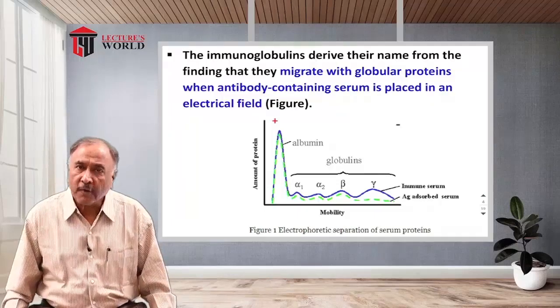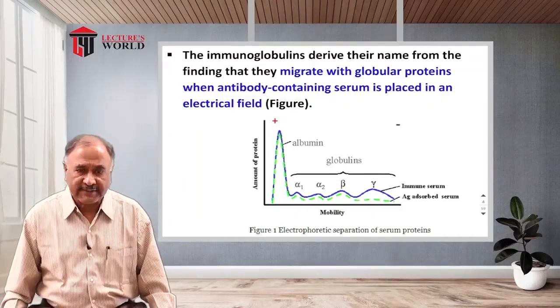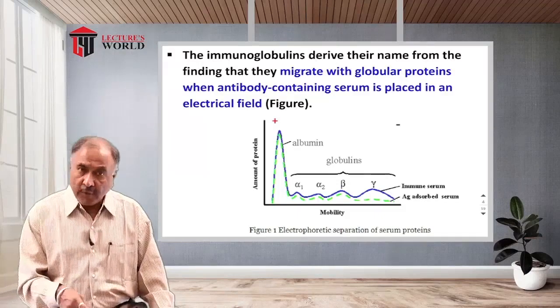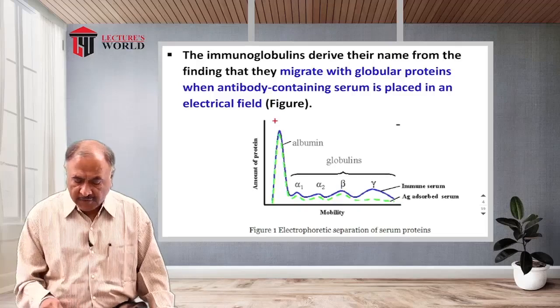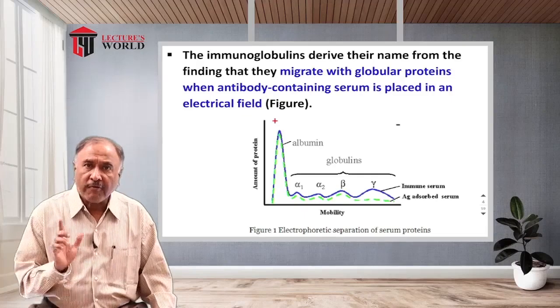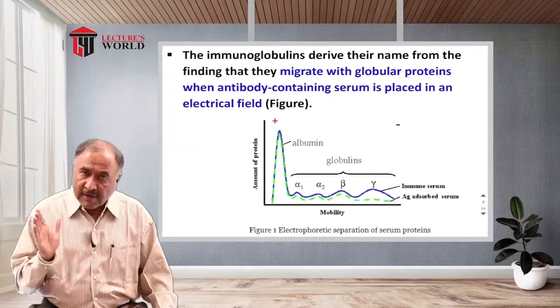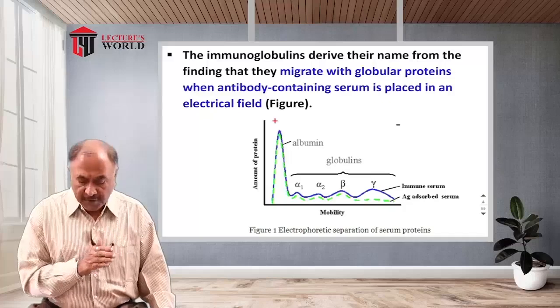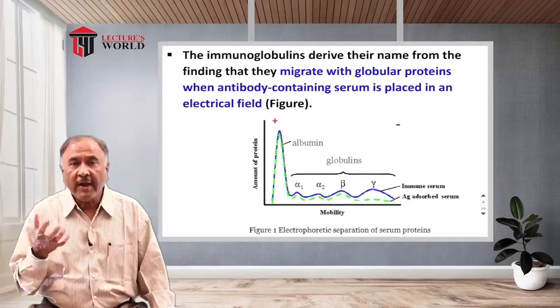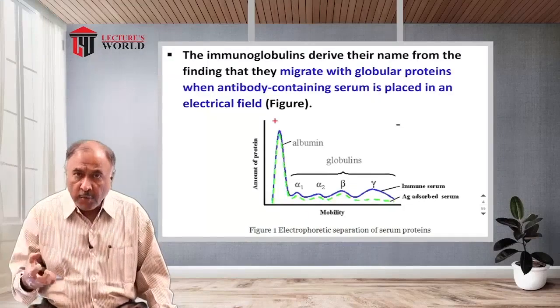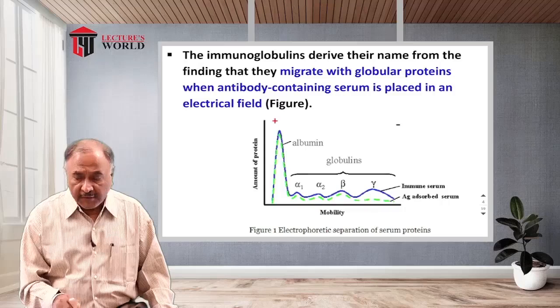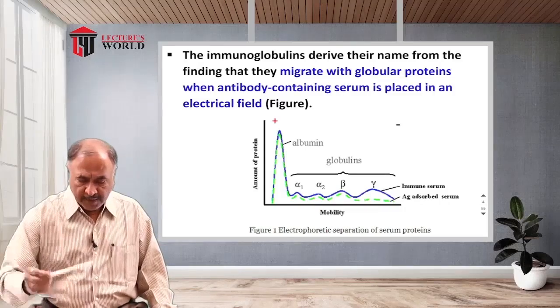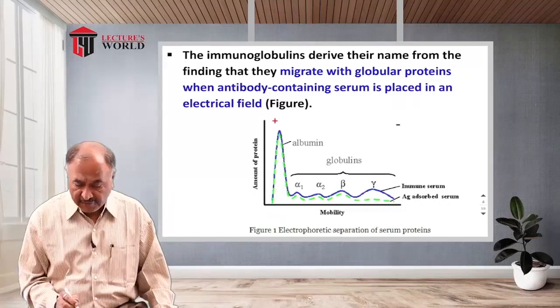As you can see in this figure, this is a graph from electrophoresis of serum. On the y-axis we have the amount of protein, and on the x-axis the mobility. The highest amount was of albumin. Once it was separated by precipitation, what remained were the fractions of globulins, and in that, this one is the alpha, which is further categorized as alpha 1, alpha 2.